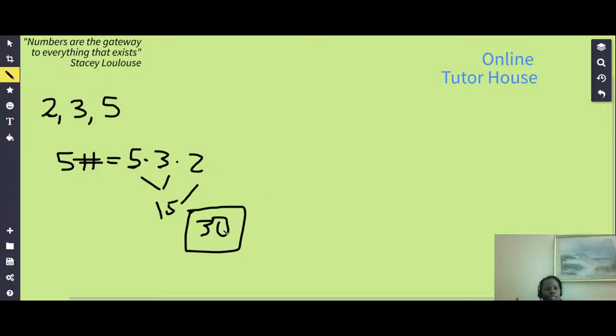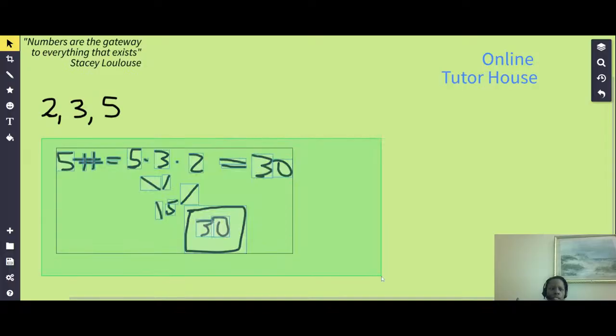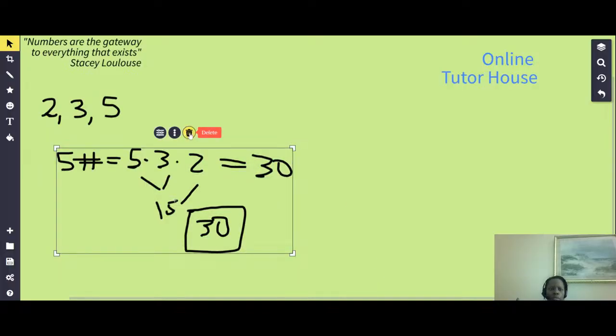So we say that it's equal to 30. Okay, so 5 sharp is equal to 30. All right, that's all good. So we're going to find all the multiples up to 30.